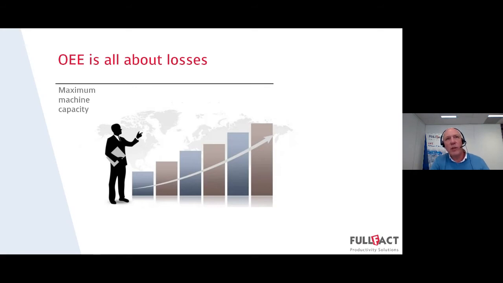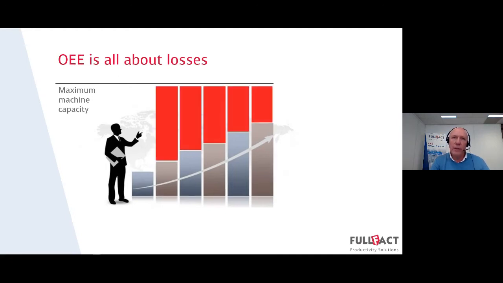So between the maximum machine capacity and the real production that you achieve, there are the losses that we are interested in. So OEE is all about losses. We're interested in the losses between the maximum machine capacity and your production at the moment.